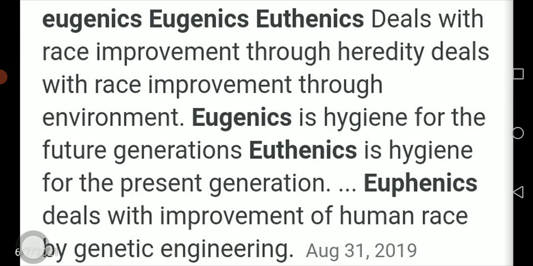These three words deal with race improvement through heredity and race improvement through the environment. We will see the meaning of it.